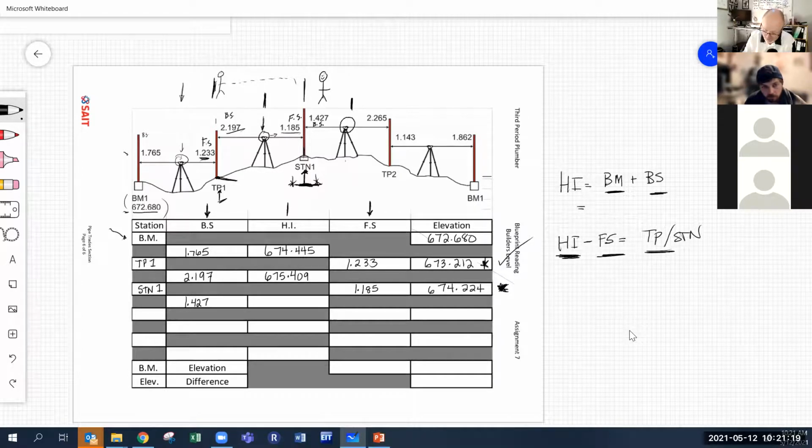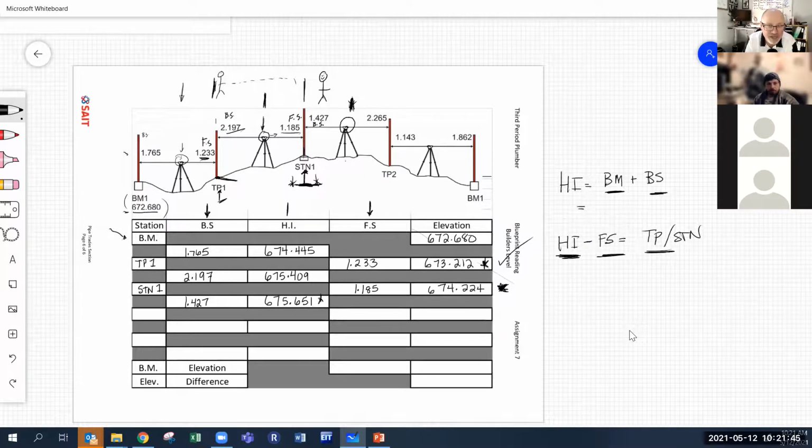Plus 1.427. And this becomes the height of the instrument, 675.651 is now the height of the instrument.